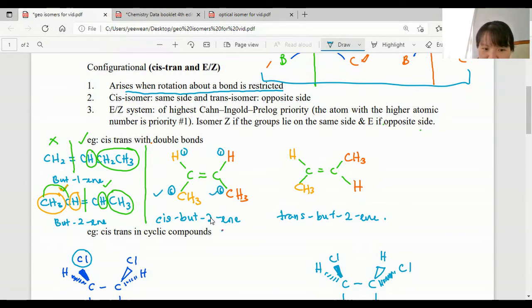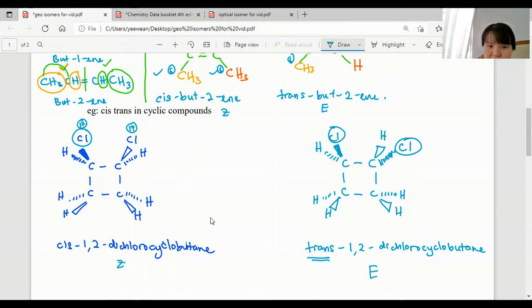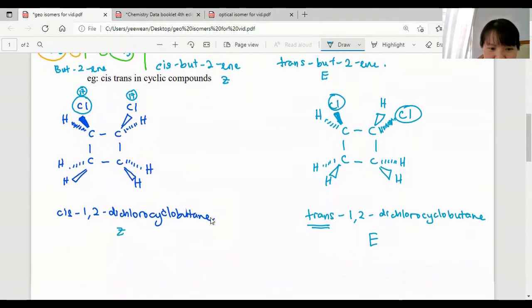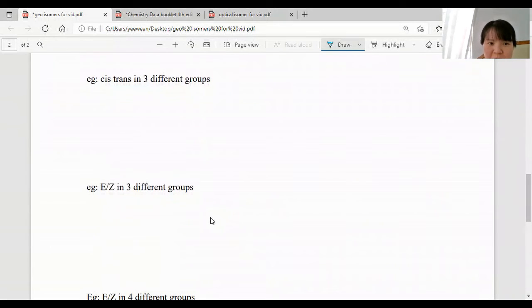That would give us a Z. Higher priority on the opposite side gives us an E. Our second example with the cyclo here, the one with a higher priority, it's on the same side, so this is a Z, and opposite side, this is an E. So it's not difficult at this point, but if we've got 3 different groups, then it might be different this time.